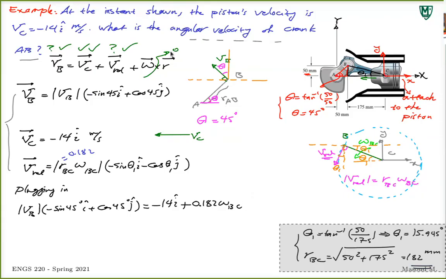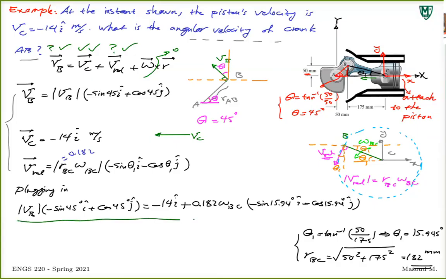Omega BC minus sine 15.94 degrees I minus cosine 50.94 degrees J. So this becomes your equation.